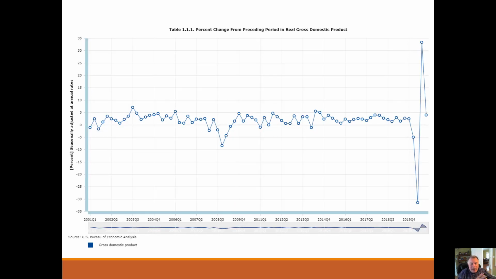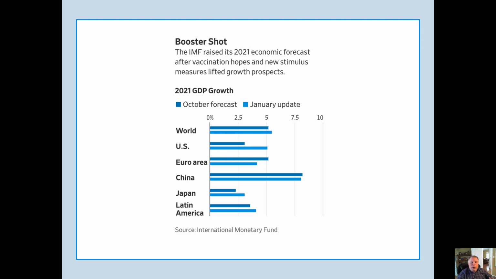When we look at it, and I went back to 2001, what we have seen in the past year, we've never seen before. Okay? Look at that from how fast we dropped off, how deep we went, how we recovered, and where we are today.